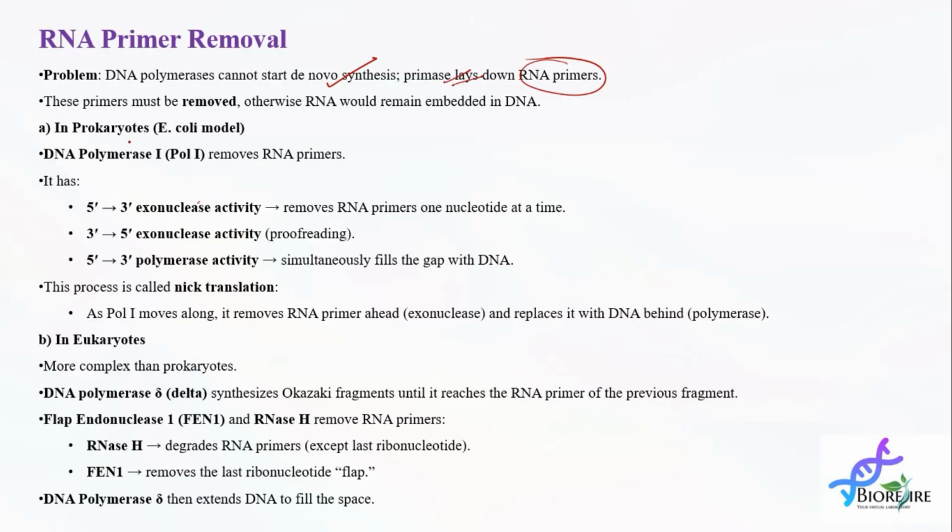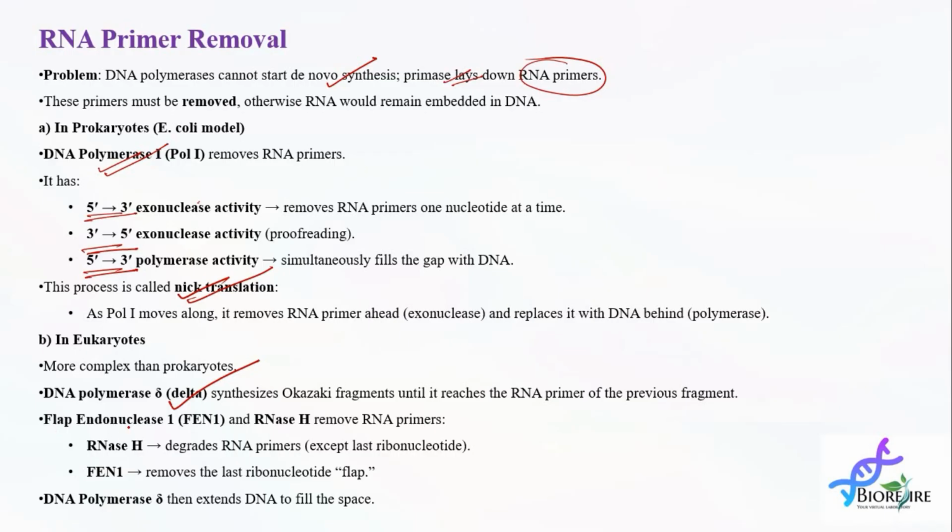In case of prokaryotes, this process is performed by DNA polymerase I. It contains 5' to 3' exonuclease activity, 3' to 5' exonuclease activity, and 5' to 3' polymerase activity. And this process is called nick translation. In case of eukaryotes, this process is performed by delta, which will synthesize the Okazaki fragment.